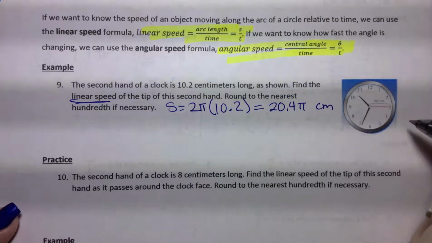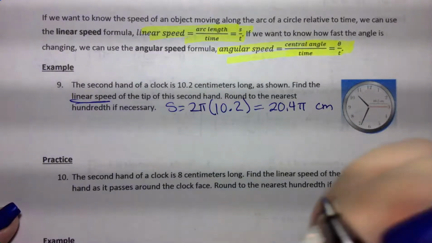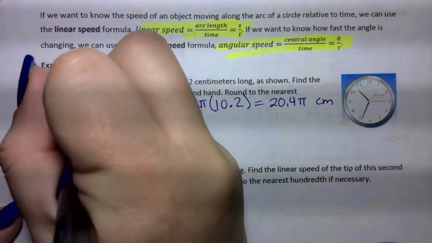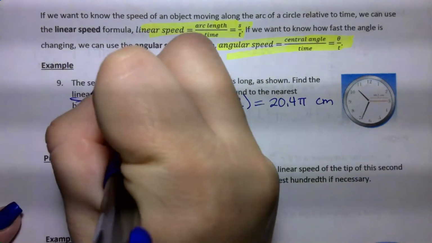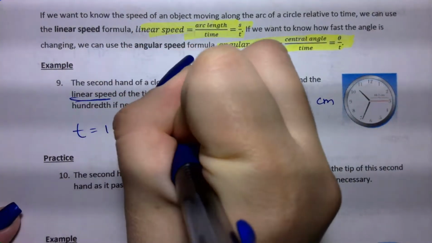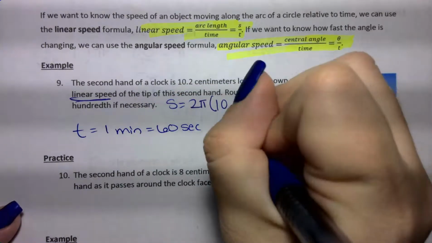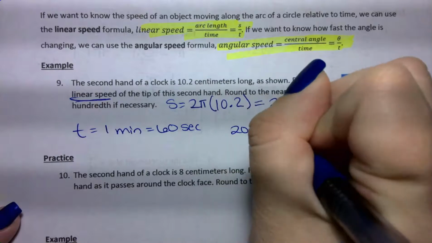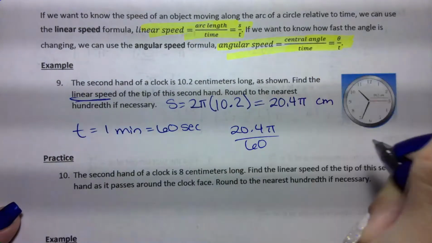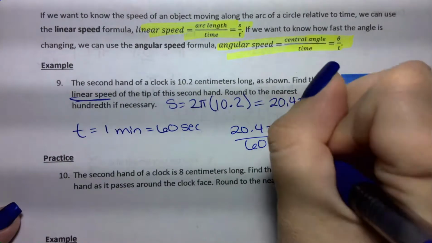So I know that 1 minute equals 60 seconds. So I can go ahead and write this out. I'm going to have 20.4 pi divided by 60, and this is centimeters per second.